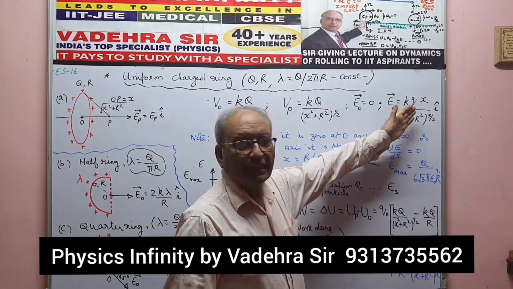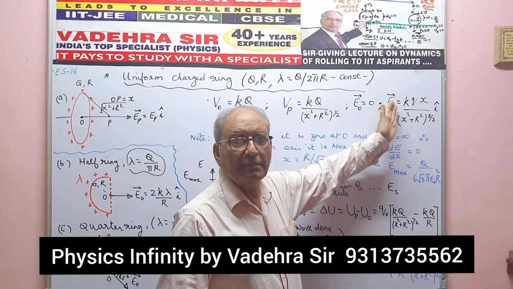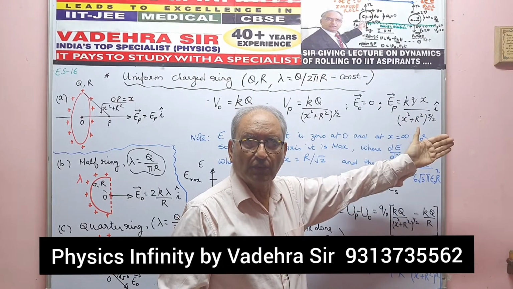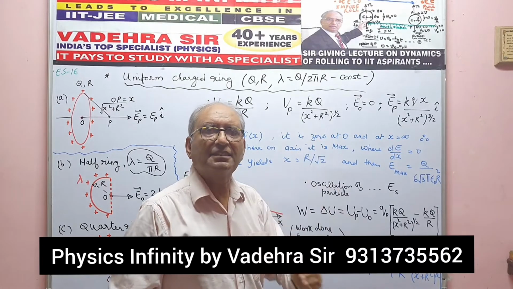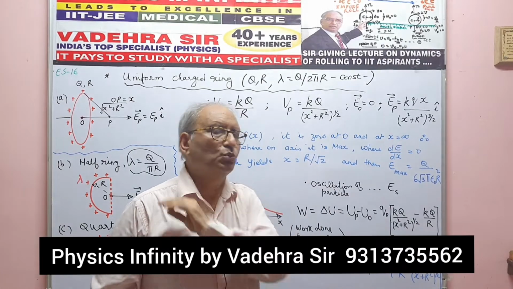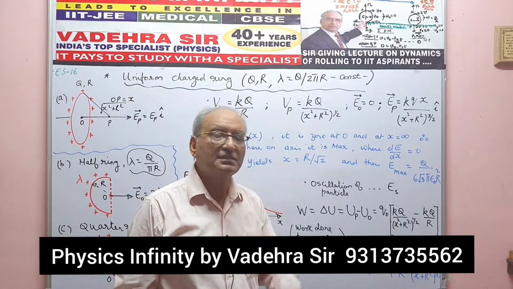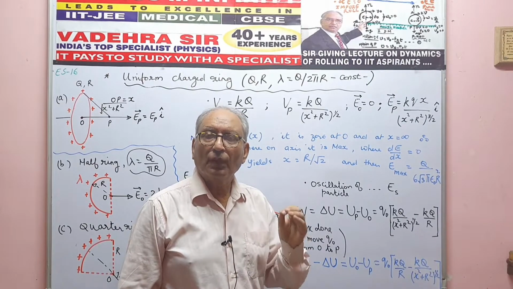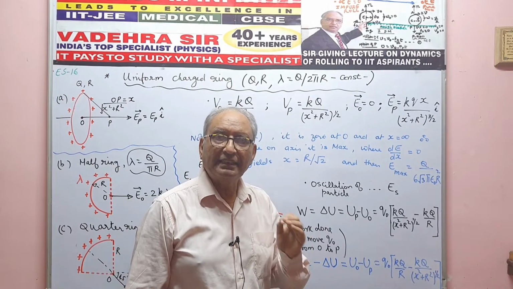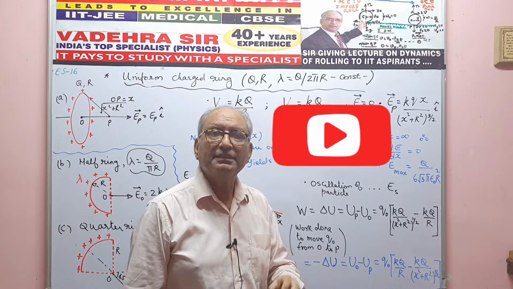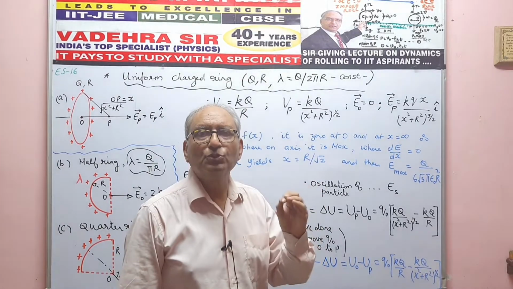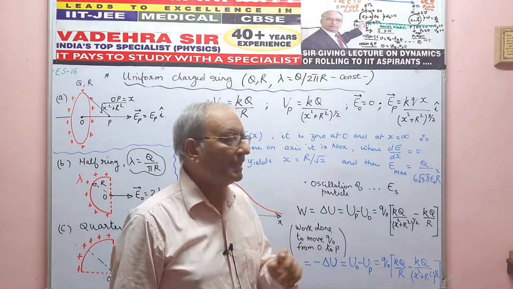I take the derivative dE by dx, put it equal to 0, do the mathematics, and I get the answer x equal to r by root 2. This means the intensity of the charged ring will be maximum at a point r by root 2 from the center on the axis.